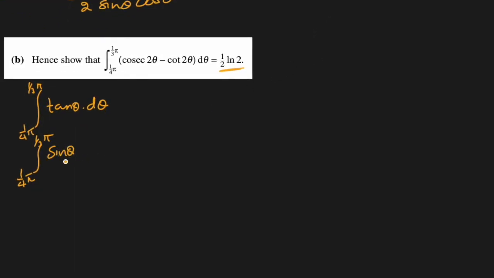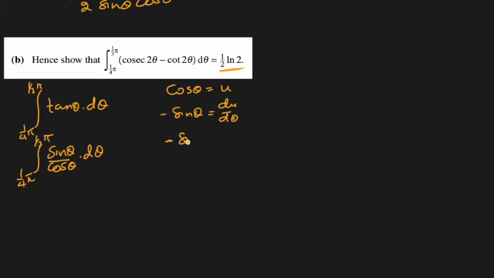Sin θ over cos θ dθ. Now I will use substitution for this. Why? Because sin θ is the differentiation of cos θ. So I will assume that cos θ is equal to u. So du over dθ, differentiating both sides with respect to θ, will give me minus sin θ, right?